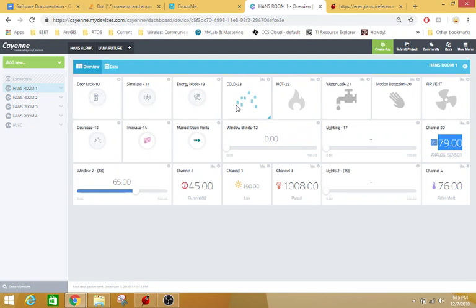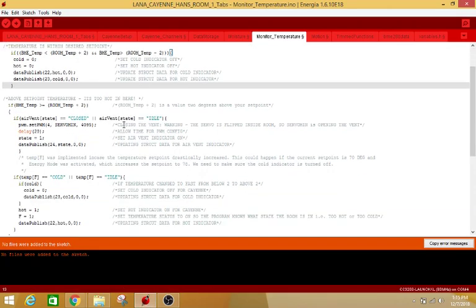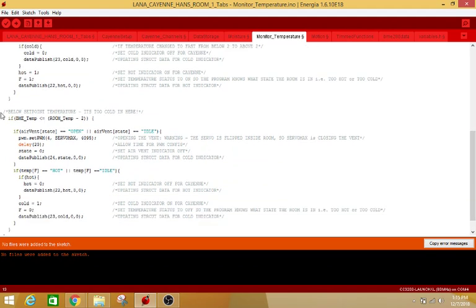So now 79 degrees is our desired temperature. As we see, the cold indicator has turned on and our air vent has turned off. So why is this? Let's go to that specific one where it is too cold. So we're below set point temperature, meaning the room inside is below set point temperature. It's below 2 degrees from set point temperature.